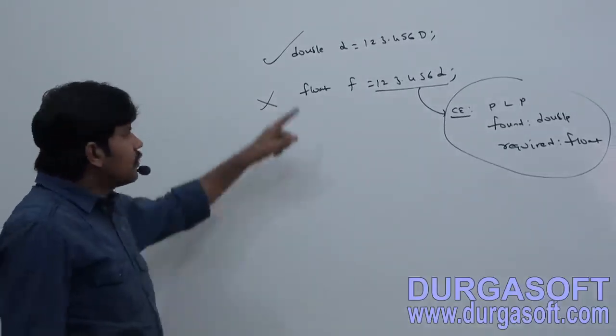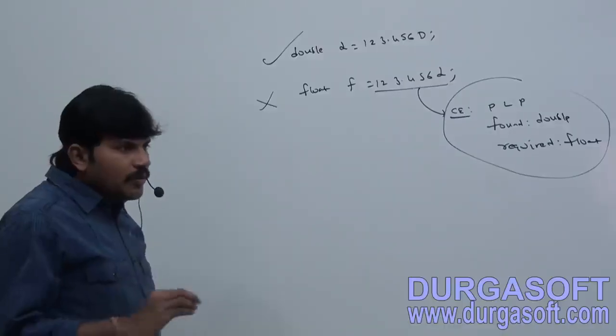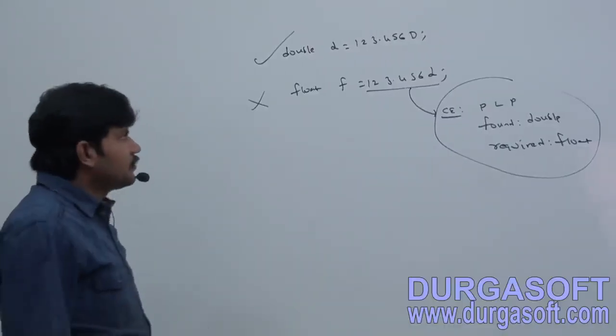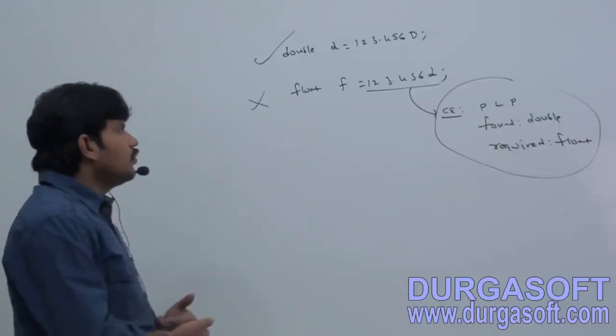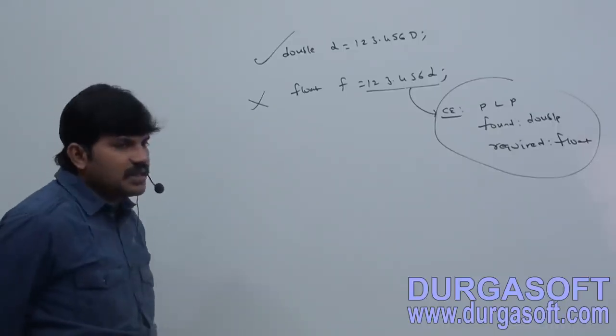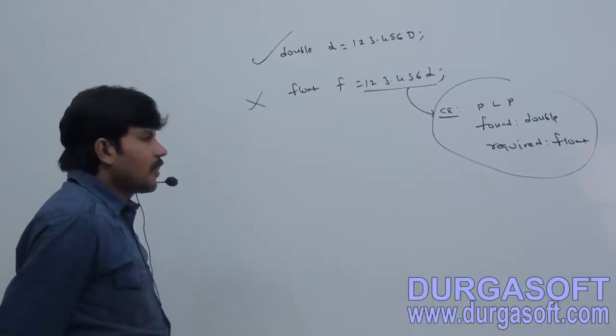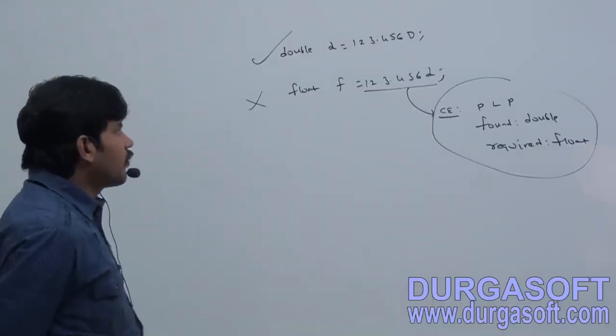Okay. Now take this example. double d = 123.456D.